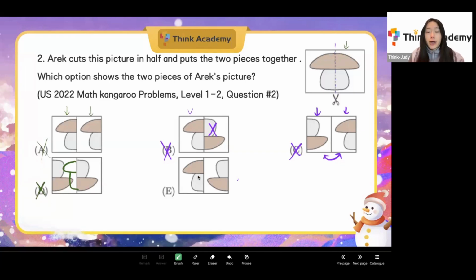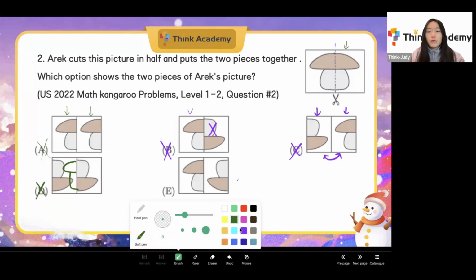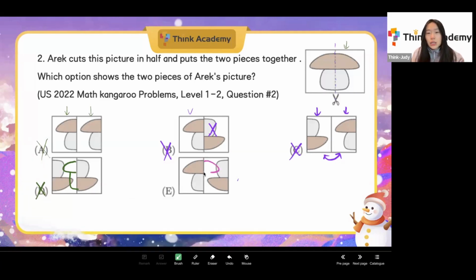And then the right one is what? E, we can check. For E, the left side, we don't need to change. And for the right side, we just need to turn it around and make it like this. It is exactly the original one, right?